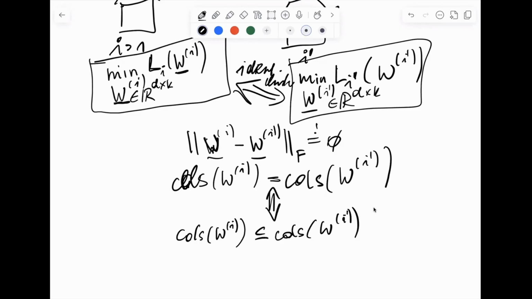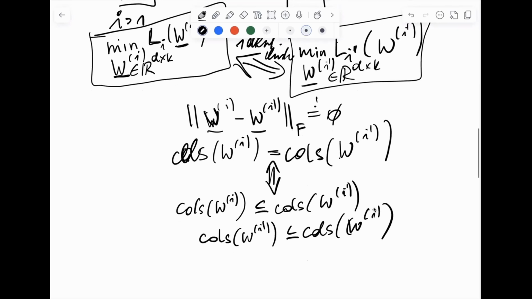Then you show that this other set is a subset of the first one. Okay, that's also a nice proof technique. So if you are in need of proving that two sets are identical, one way to prove this is that you show one set is a subset of the other, and the other set is a subset of the first one.